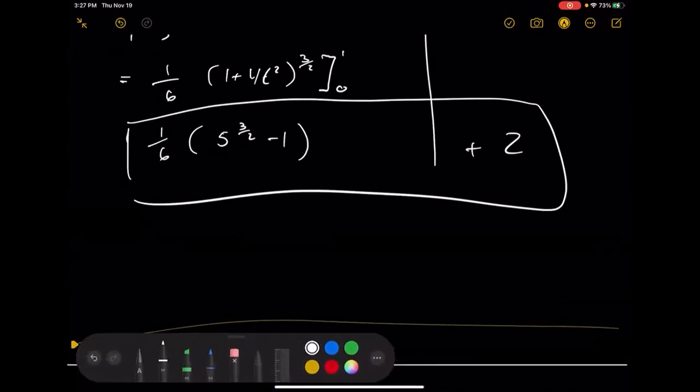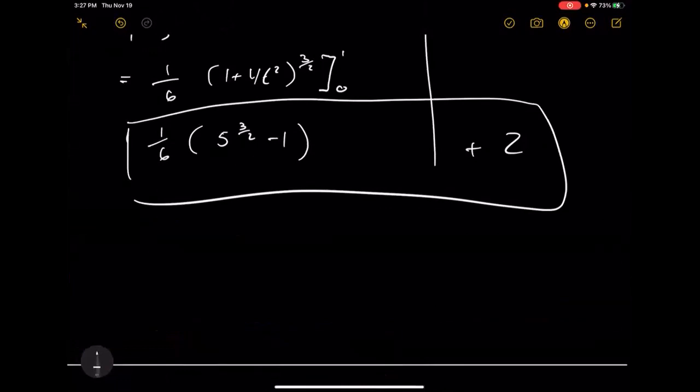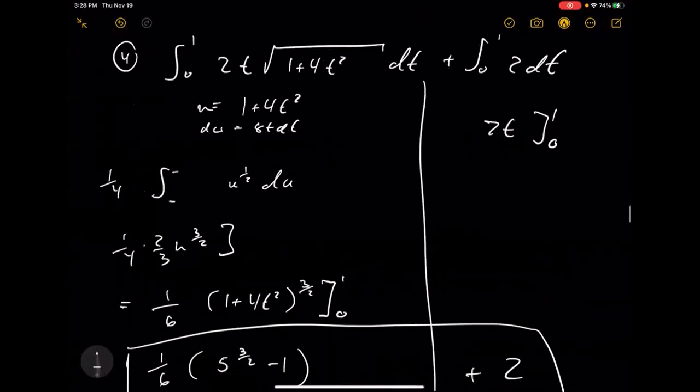And let's see if that matches the textbook. Yeah, it does. They've written it slightly differently. They've written it as 5 square root of 5 minus 1 over 6, plus 2. Well, these 2's are the same, and then these are the same as well, which you can see if you work that out on your own. So that's our answer for that problem.